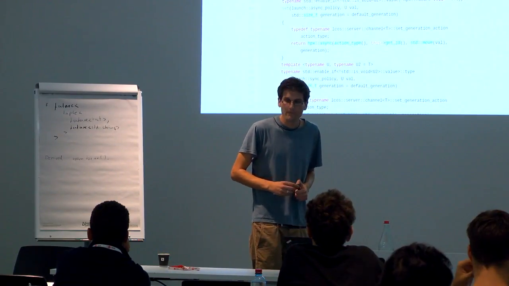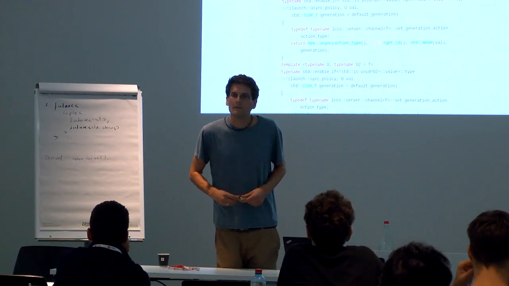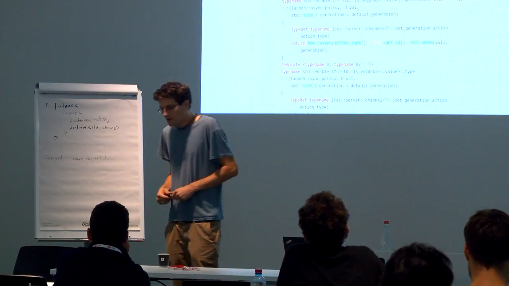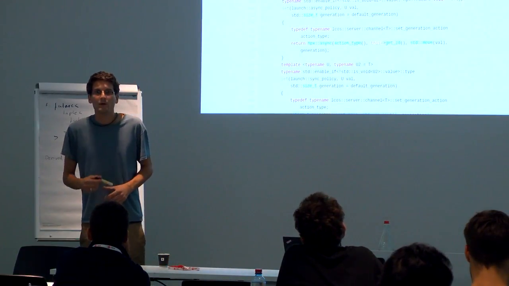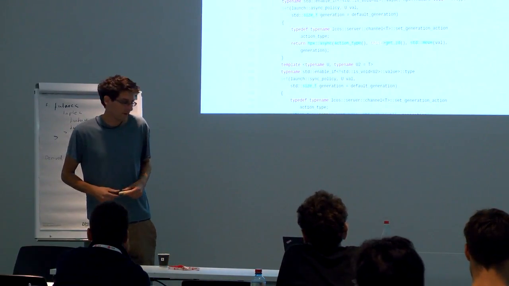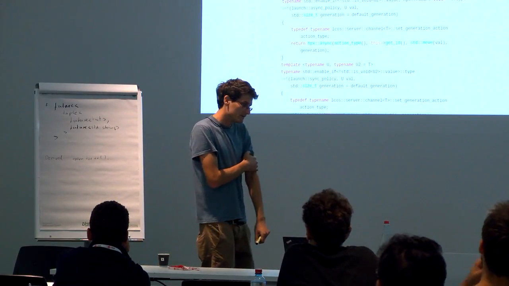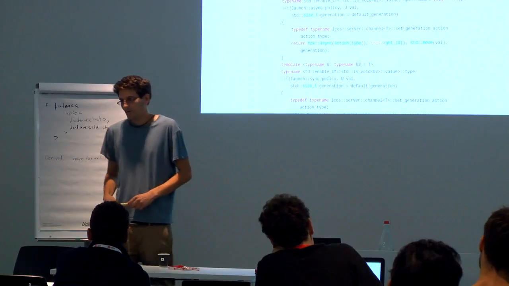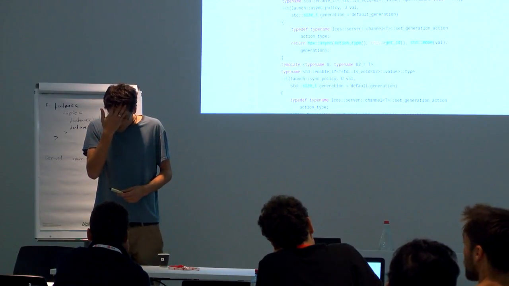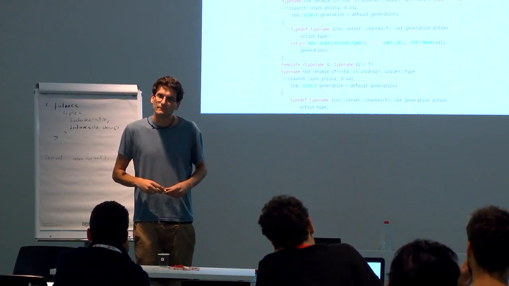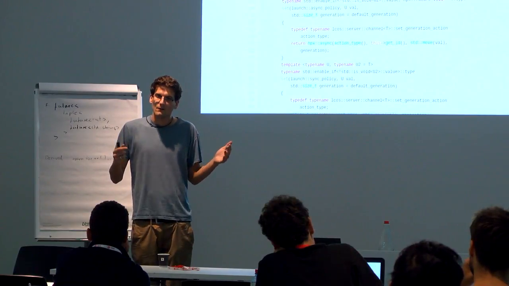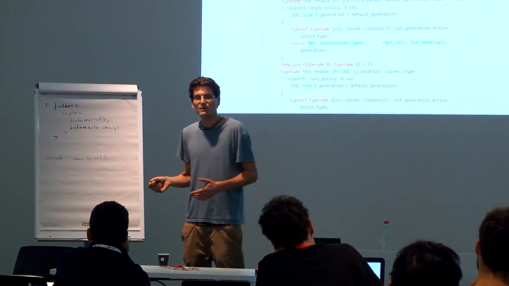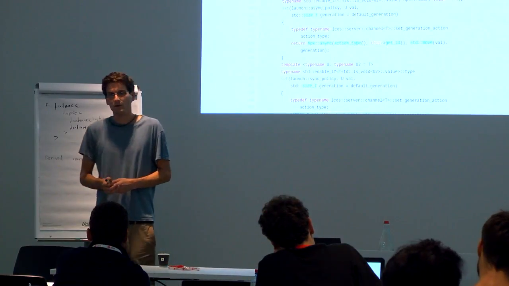Right. How is it implemented underneath the hood, or do we want to know? It's implemented with a map. So the question was, how is it implemented? You can look it up. But the implementation is that you have a map, which is a binary tree, and for each generation, you have one entry in the map.